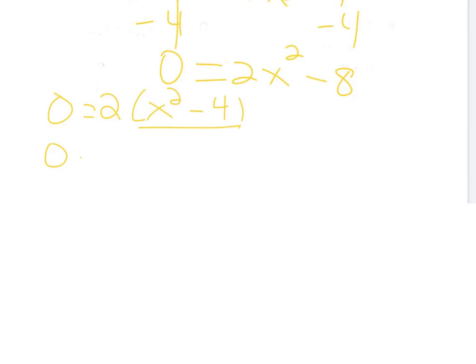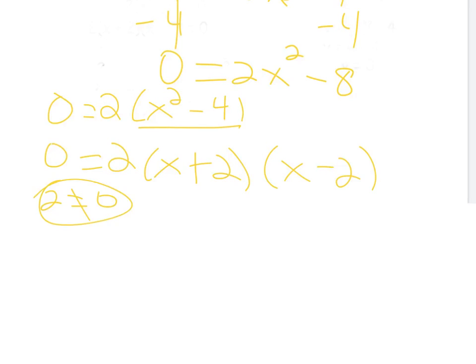So I'd have 0 equals 2 times, and that's a difference of squares, so I take the square root of both terms, which is x plus 2 and x minus 2. And then I would have to set all of these things equal to 0. So it wouldn't make sense to say 2 equals 0 because it can't. So that really is kind of a null and void aspect.